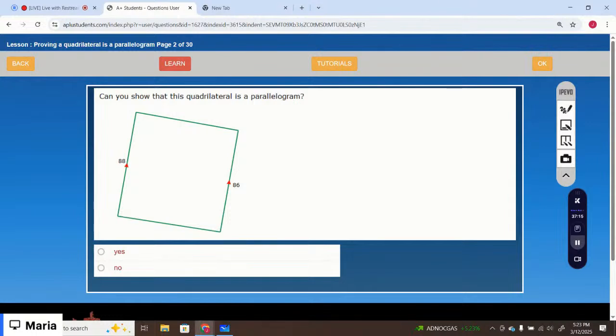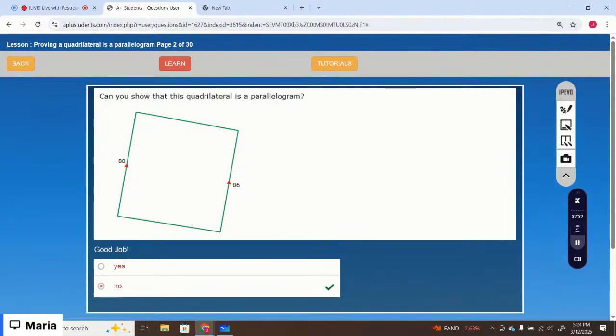Can you show that the quadrilateral is a parallelogram? No, that is not a parallelogram.